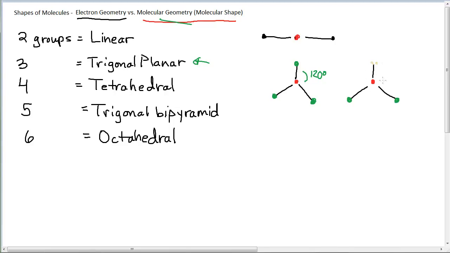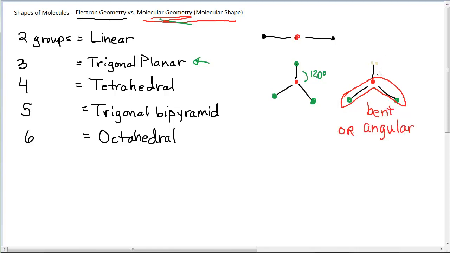So here I've drawn it in the up position. There is a region of space occupied by that lone pair, but the molecular geometry or the molecular shape of the molecule is simply described by the shape that the atoms make. And that shape is not a trigonal planar. That shape is called bent or angular.